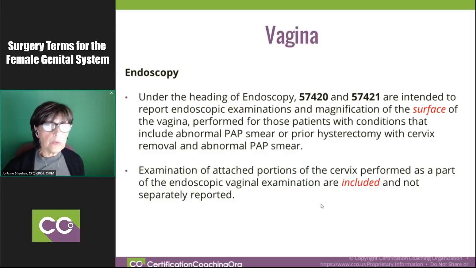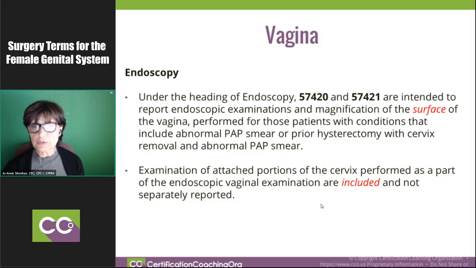Now, when we talk about endoscopies, we know that endoscopies enter the body through a scope, not an incision. Well, I shouldn't say that, but it's through a scope. And under the heading of endoscopy, 57420 and 57421 are intended to report endoscopic exams and magnification of the surface of the vagina.